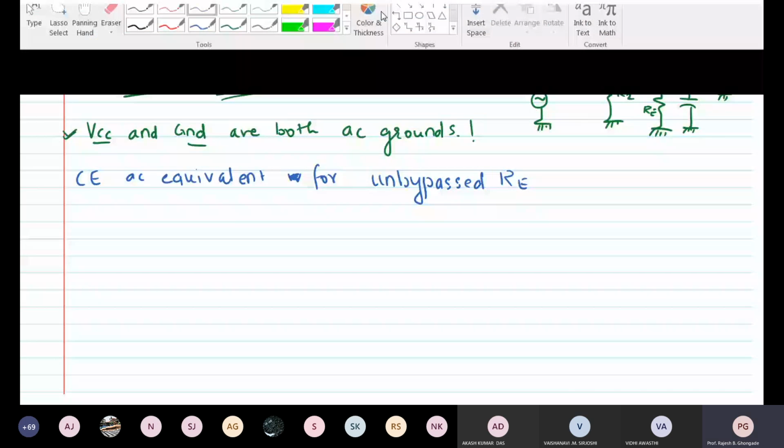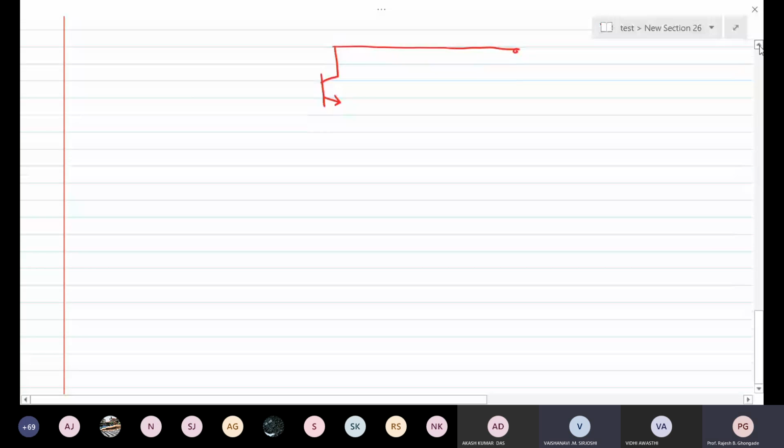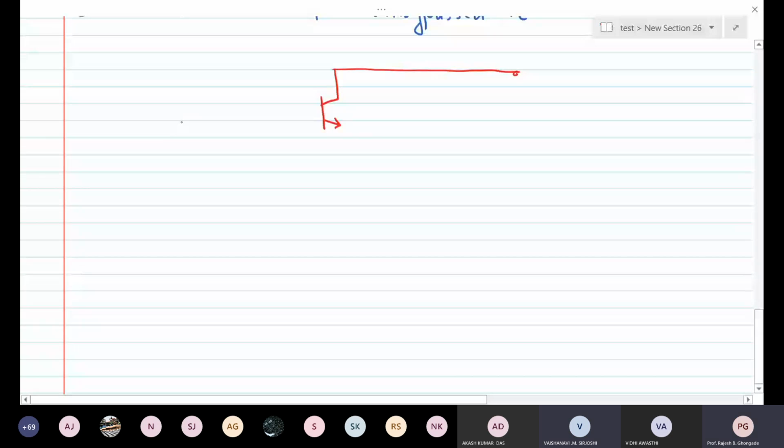How will it look? You're going to tell me now. Maybe the emitter terminal. Okay, the ground, which is our common. Let me complete the input side first. Then the emitter terminal will come to the common.